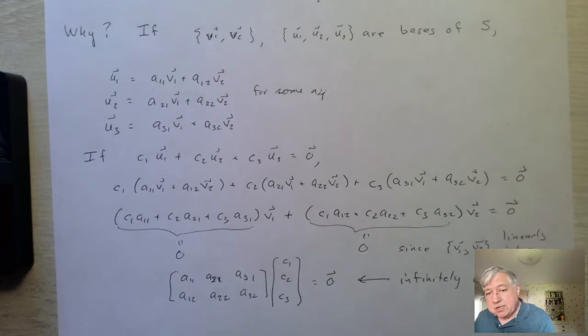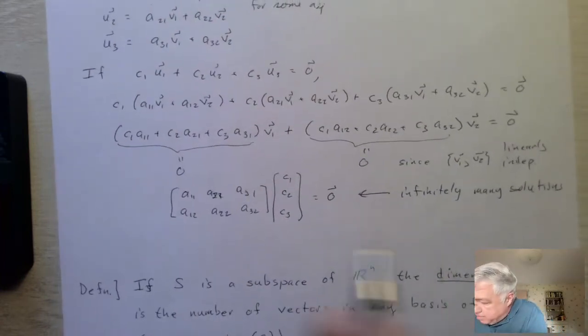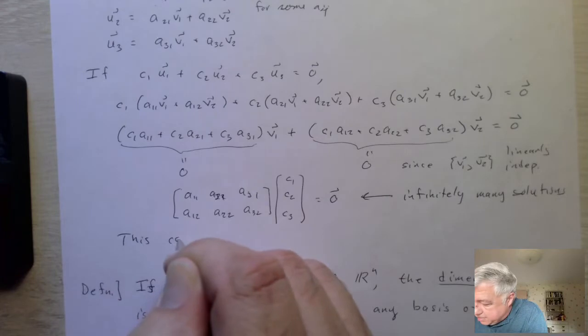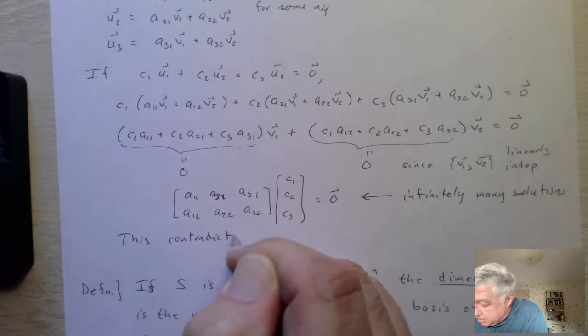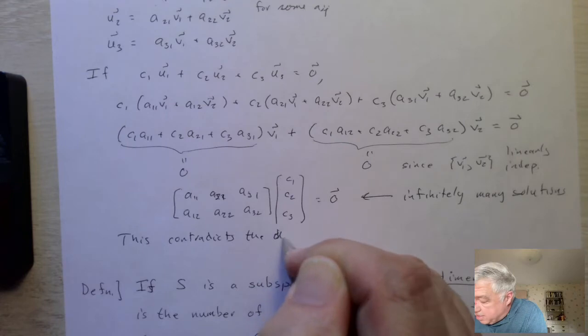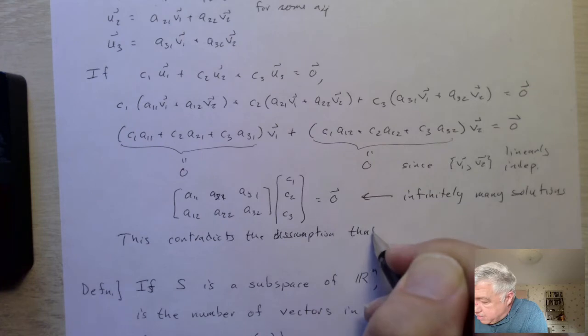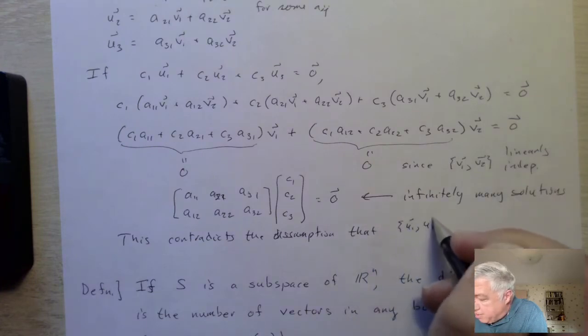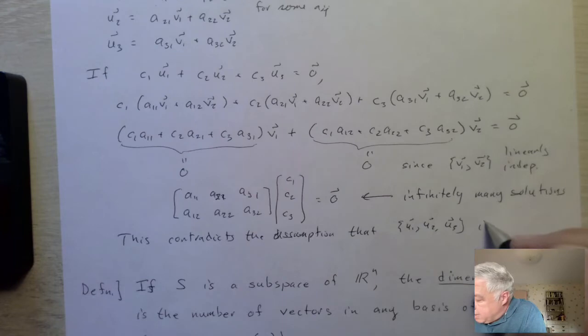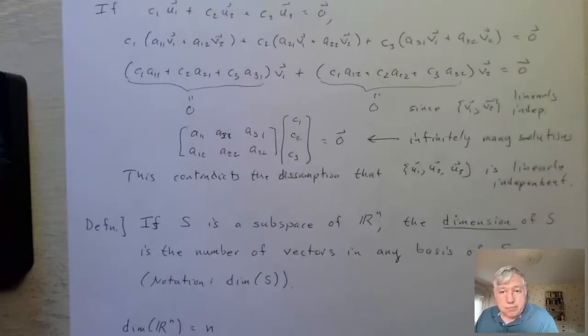Well, that then contradicts the assumption that u1, u2, u3 is linearly independent because it's a basis.